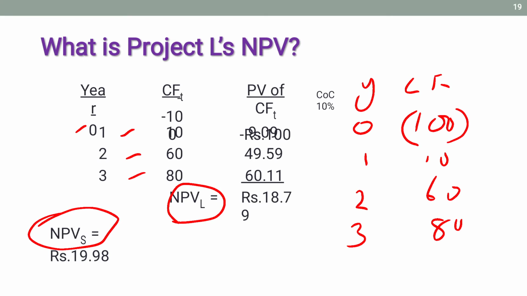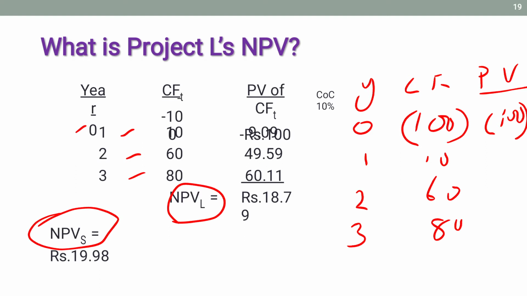Okay, present value of cash flow, right? 1 into minus 100 is minus 100. Because this is year 0, the discounting factor is equal to 1, right?